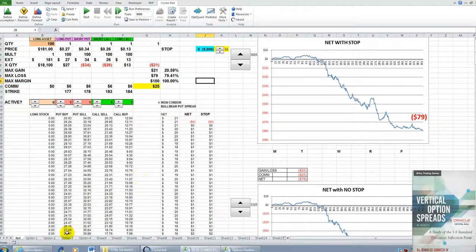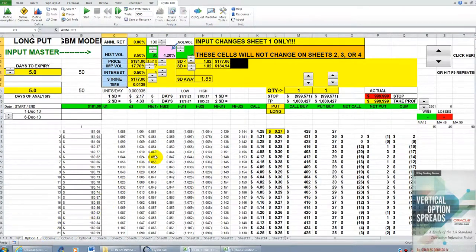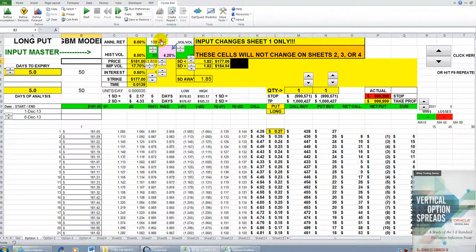If you had a good indication or good thought that, geez, with all of the economic conditions, closing of the year, you have a strong belief the asset is going to increase, in this case the S&P 500, at a 10% annual rate over the next 5 days.